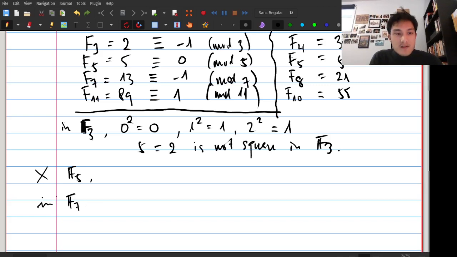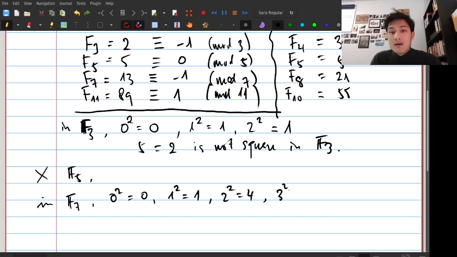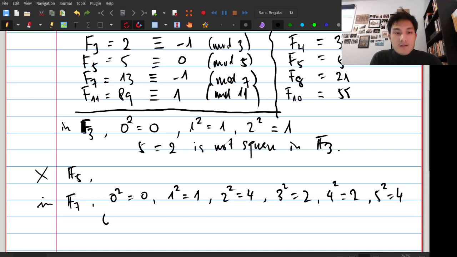So in F7, 0 squared is equal to 0, 1 squared is equal to 1, 2 squared is equal to 4, 3 squared is equal to 9, minus 7 is 2, 4 squared is equal to 16, and you subtract the multiple of 7, so 14, you get 2. 5 squared is 25, minus 21 is 4, and 6 squared is equal to 36, minus 35, we also get 1.